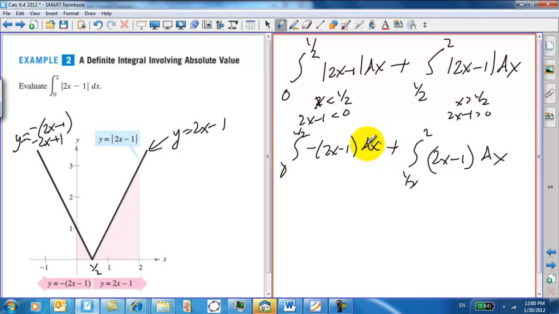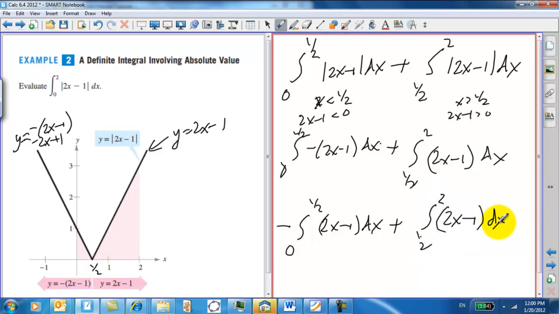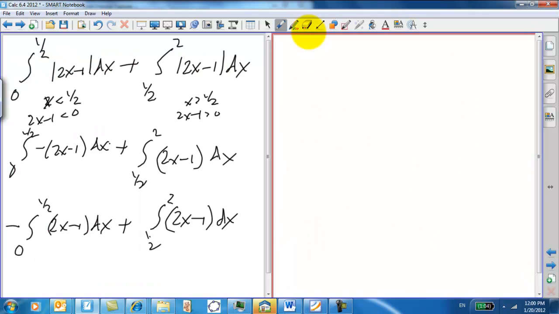So we have slightly different things to take the antiderivative of. So this negative can come on outside here. The integral from 0 to 1/2 of 2x minus 1 dx, plus the integral from 1/2 to 2 of 2x minus 1 dx. And we crank both up.